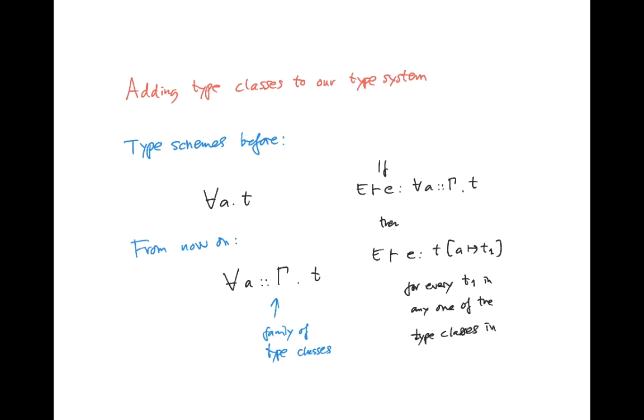So big gamma is a collection of type classes.